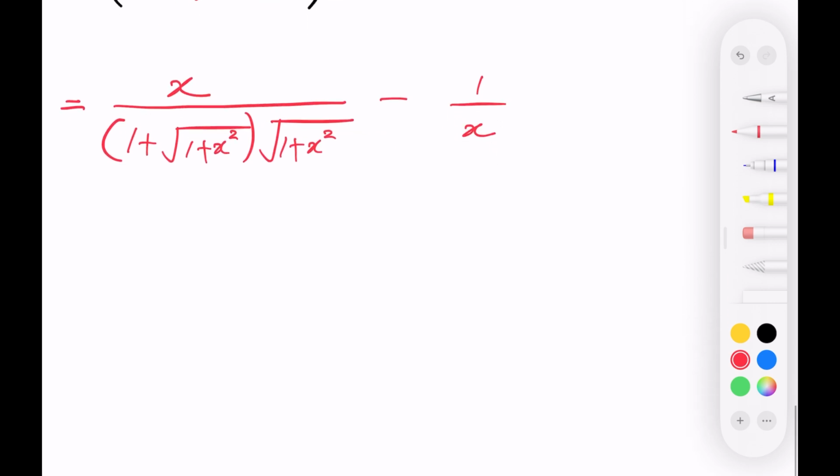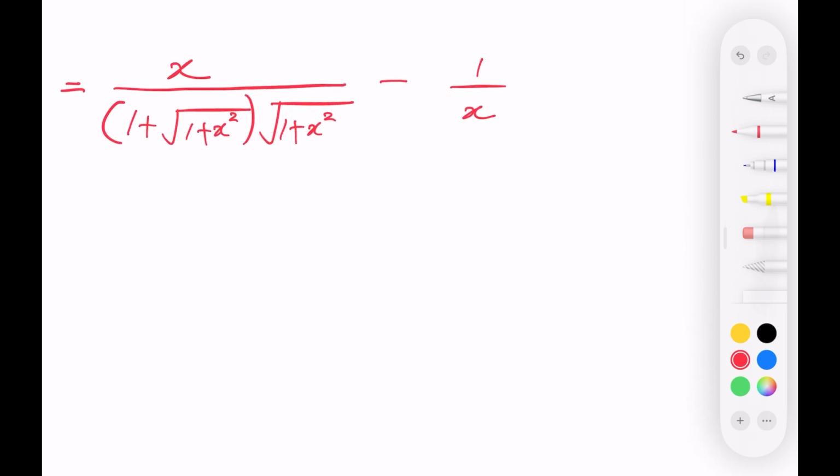So I need to simplify that further. When I simplify these two fractions, I once again need to take them into a common denominator. That means this first fraction should be multiplied by x, both top and bottom, and the second fraction, 1 over x, should be multiplied by all of these things, both top and bottom.